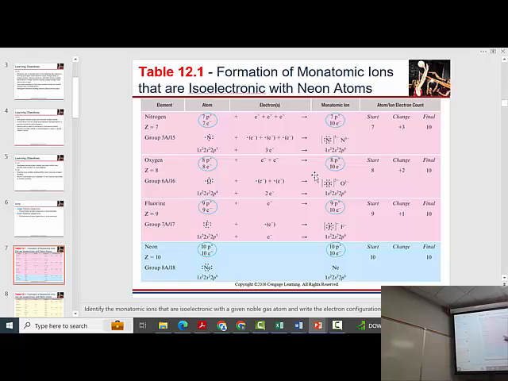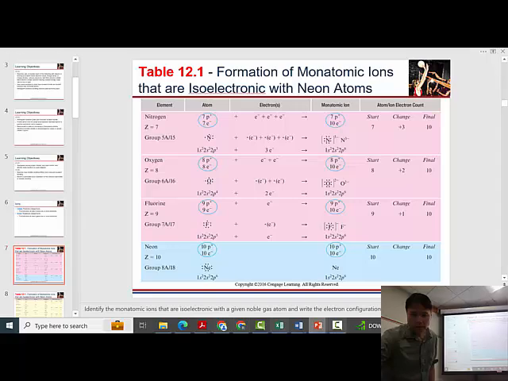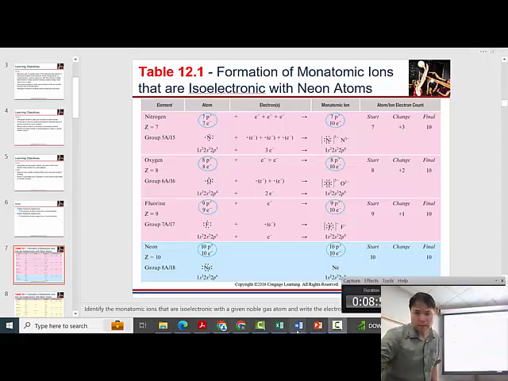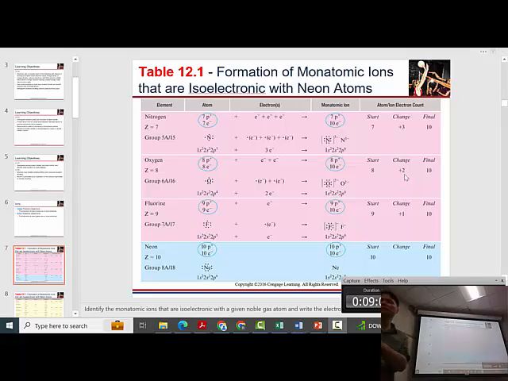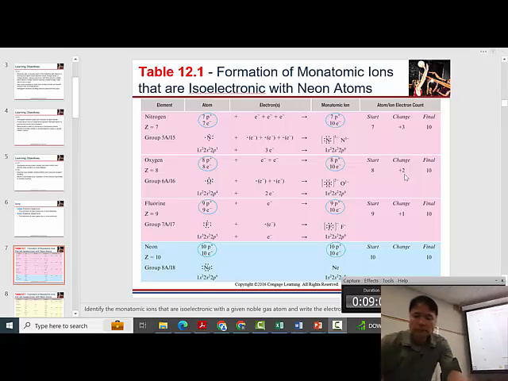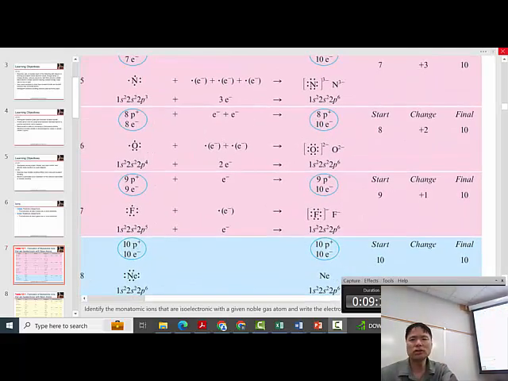Here we see it in terms of the Lewis symbol. The Lewis symbol for nitrogen is shown here, and it shows 5 dots.